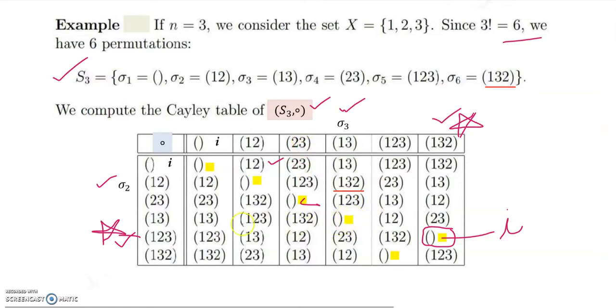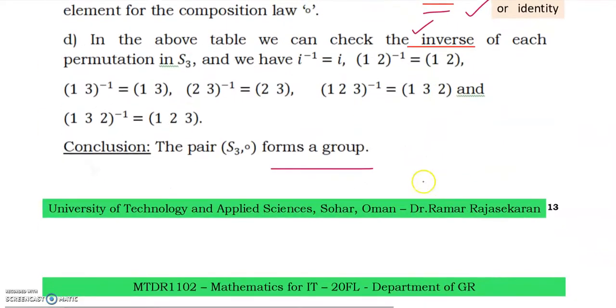Similarly, the inverse of 1 3 is 1 3. Now for 1 3 2, here identity, go to 1 2 3. So the inverse of 1 3 2 is 1 2 3, and the inverse of 1 2 3 is 1 3 2. That is what is listed here.